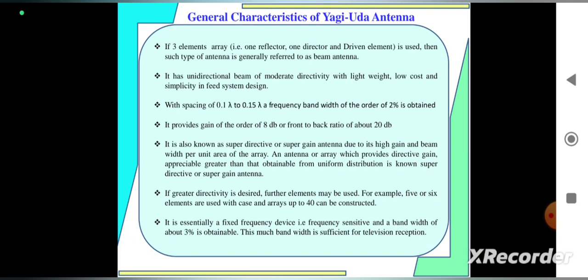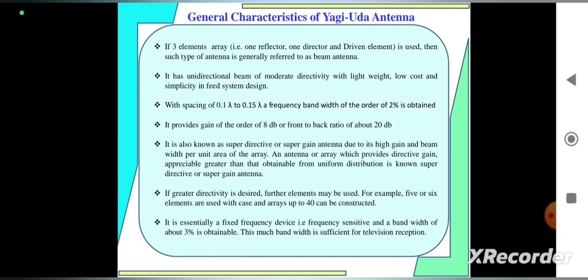An antenna or array which provides directive gain appreciably greater than that obtainable from uniform distributions is known as a super directive or super gain antenna.